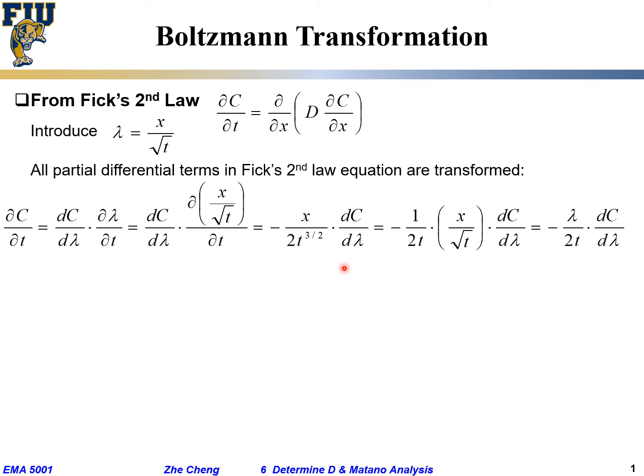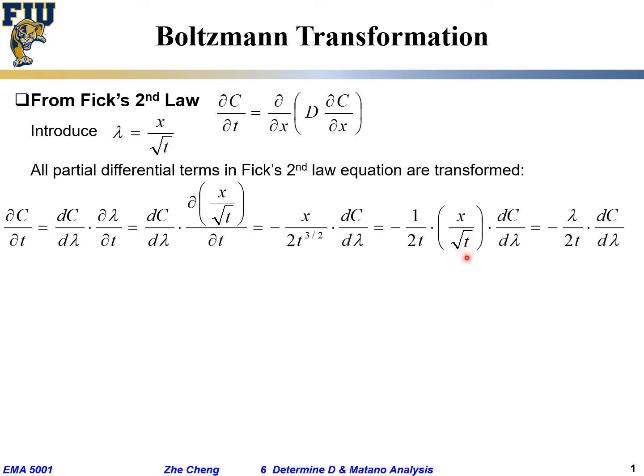Okay? And then we are going to do one more manipulation. From here to here, you see what we did? We keep the 2t, and then we would have x divided by t to the power of 0.5, right?